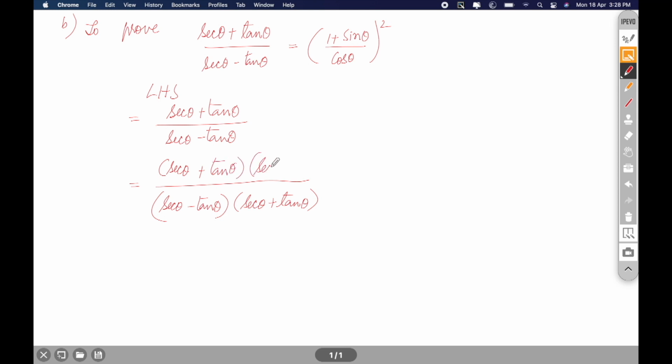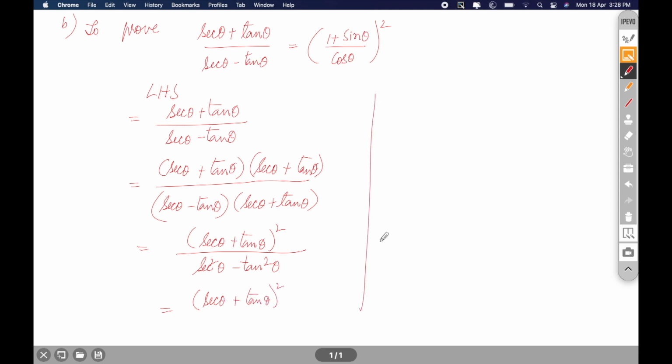So it gives us this. Now the denominator changes to sec square theta minus tan square theta, and the numerator is sec theta plus tan theta whole square. So this gives 1 in the denominator and numerator is only sec theta plus tan theta whole square.